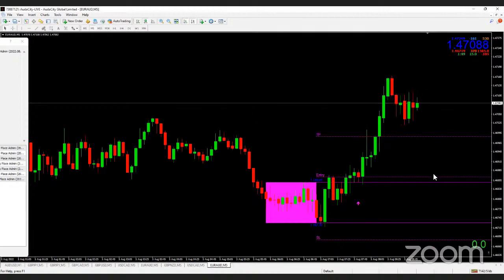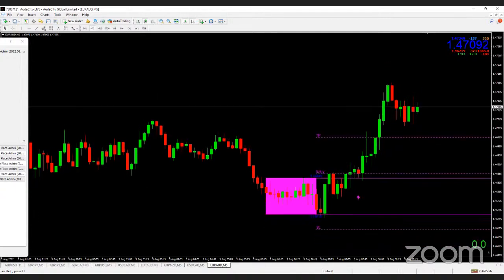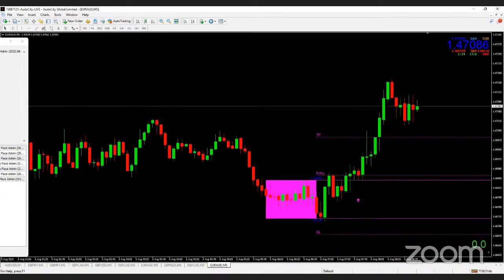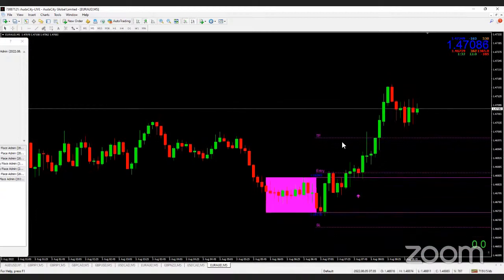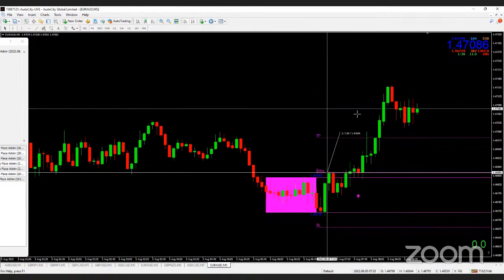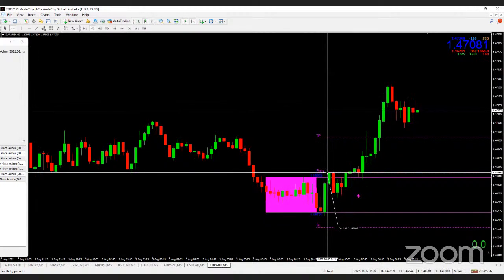If you know how to trade and understand price action, then perhaps you could go for TP3, because yesterday it gave us as much as TP3 on some pairs, but TP2 maximum is what I would advise. So you can see here the entry, TP1, TP2, and the stop loss was at about 18 pips.